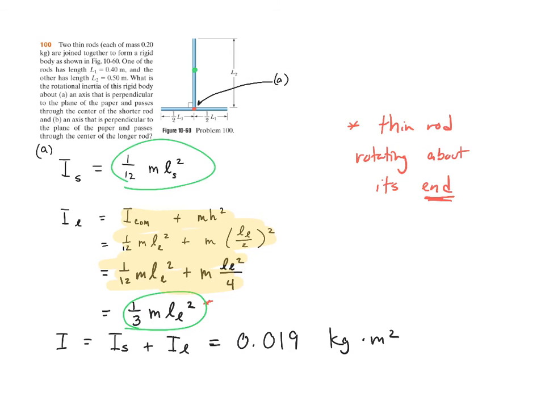This is just for timing. When you're on the test, you don't need to derive every single formula unless stated, like if part A said derive the I value for a thin rod about its end, and then part B said use that I value. Unless explicitly stated that you need to derive things, there are going to be certain formulas that you can just say, I've got it written down on a table, I'm going to utilize that equation and that value.